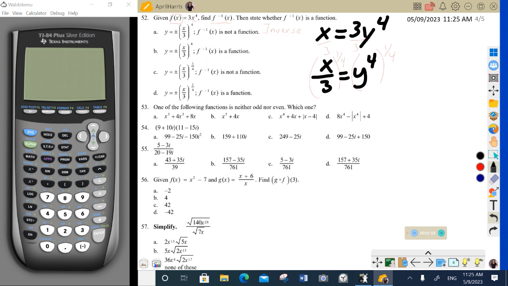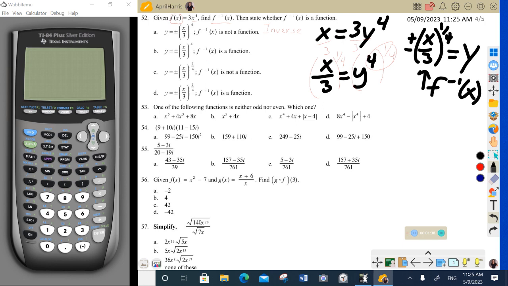And on the left, we have plus or minus the fourth root of x over 3. And on the right, a power to a power, you multiply those two numbers. 1/4 of 4 is 1, so you have y to the first, which is y, so y is by itself. So that is the inverse. And so that eliminates A and B.